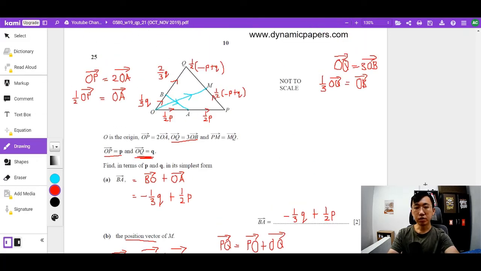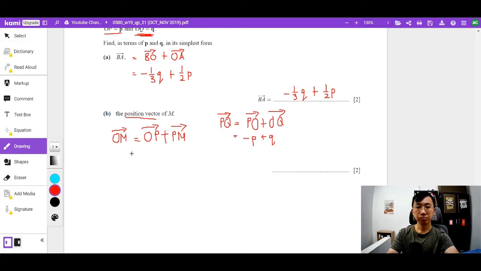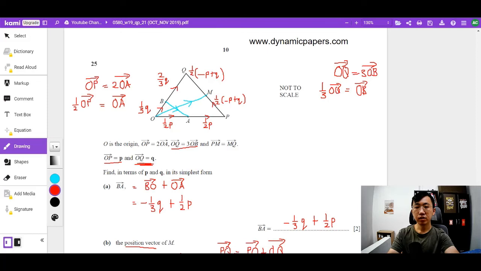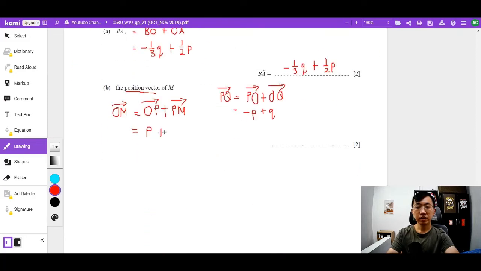OP is P, so fill up this. And we found PM already in the label, right? So PM is going to be half times negative P plus Q. So let me copy that. Half times negative P plus Q. So you need to expand now so that we can simplify. Expand, we get negative half P, positive half Q.